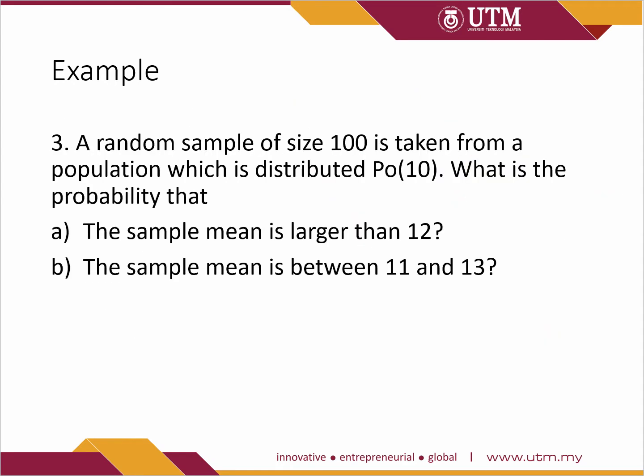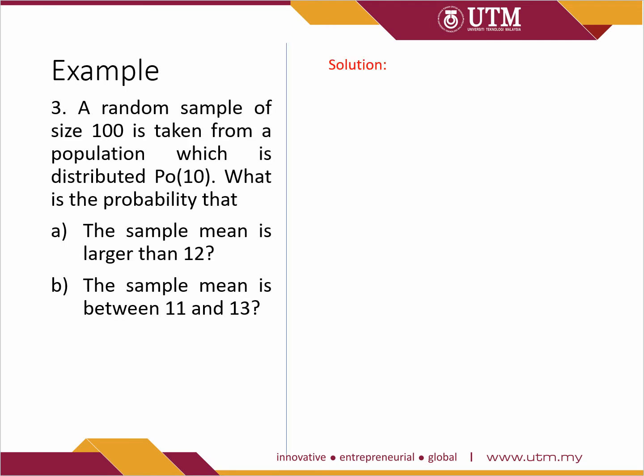Given that the random sample is taken from a population which is distributed Poisson 10. So what is the probability that the sample mean is larger than 12, and the sample mean is between 11 and 13? So here this is the Poisson distribution given lambda is equal to 10.